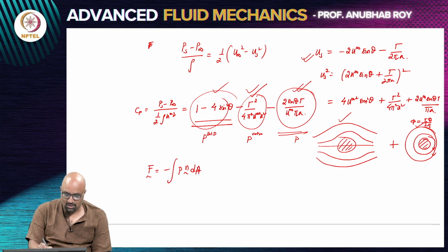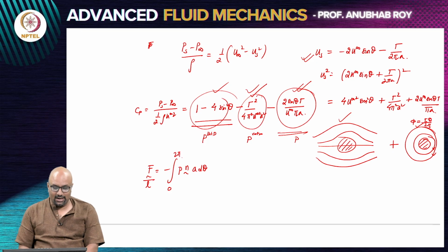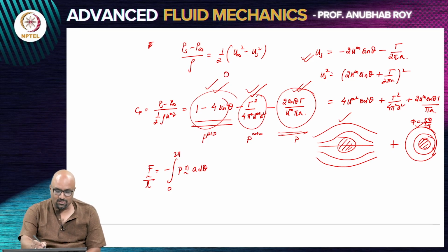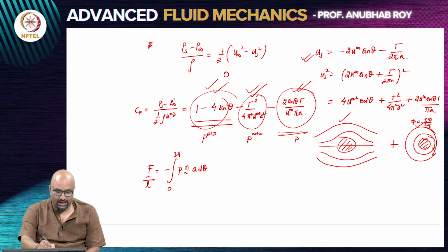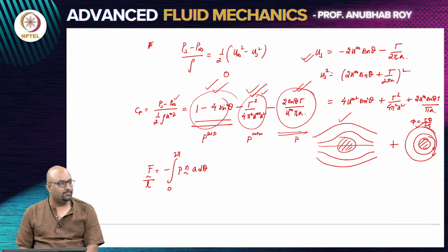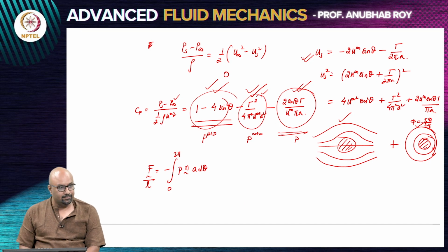over the surface of the cylinder, so it is A d theta, the force per unit length, 0 to 2 pi, you are going to integrate this, and you have already done this exercise, that integrating this gives you 0, right? Integrating any constant will give you 0. So, the only contribution to your force is from this particular term.